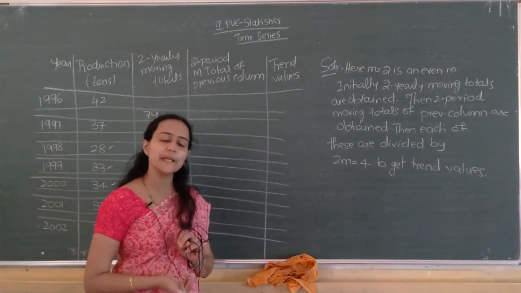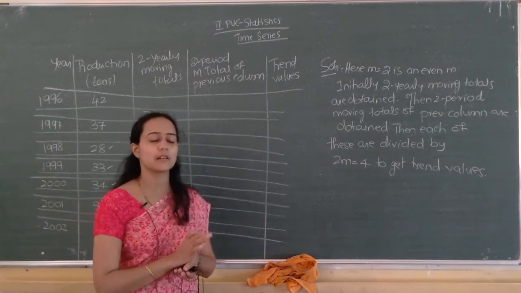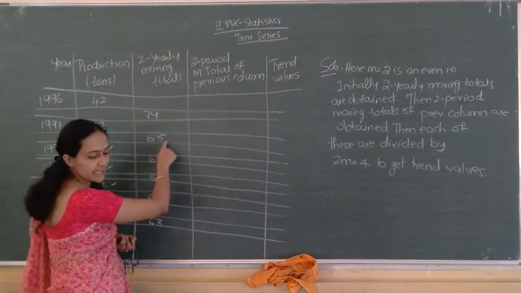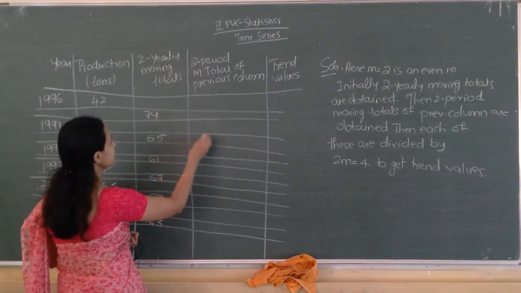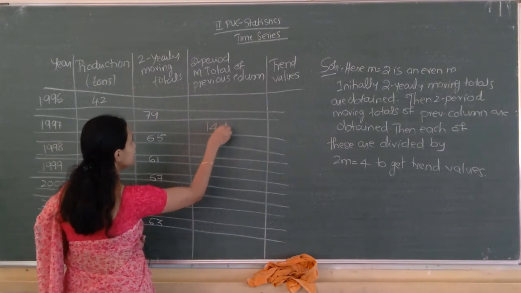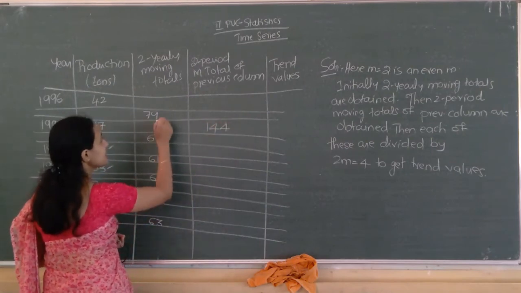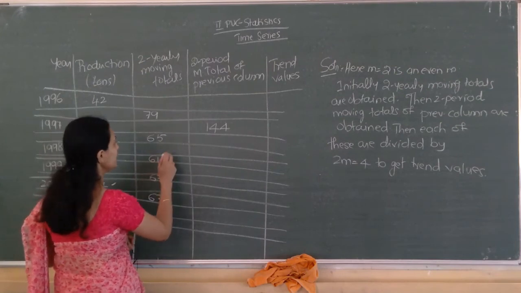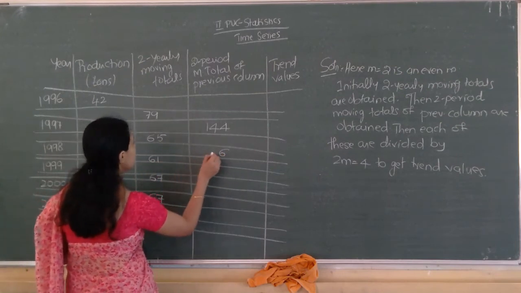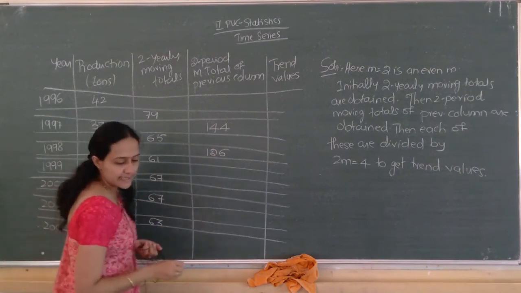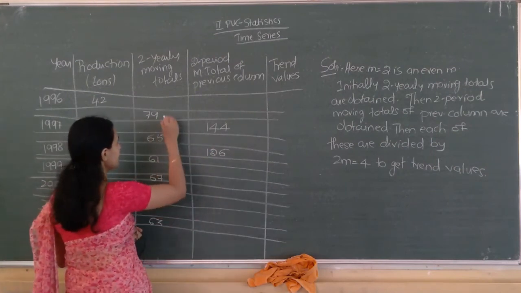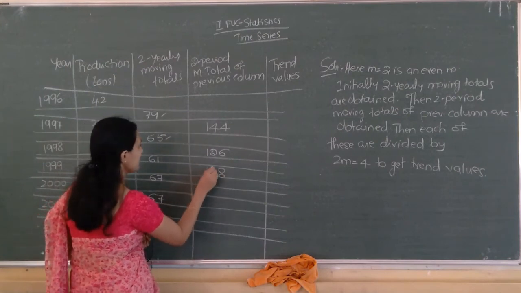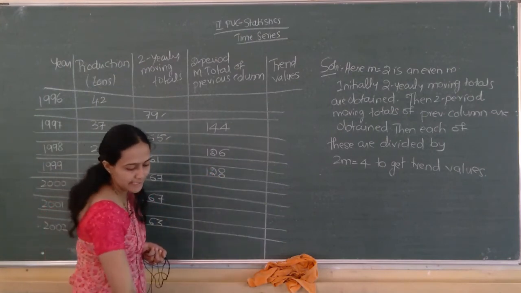After that, 2 period moving total of previous column, again take the moving total. 79 plus 65, that is 144, these two. Next leave this one, next 2, 65 plus 61, that is 126. Next, 128.